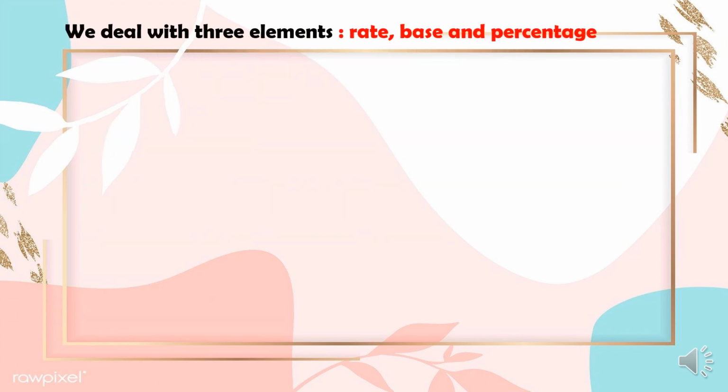We deal with 3 elements: the rate, the base, and the percentage. So let us take the example a while ago. So we have 25% of 8 is equivalent to 2. Now what is 25%? That is the rate. And how about 8?